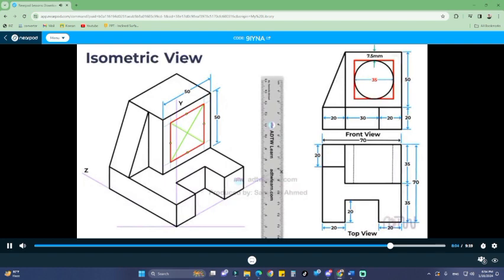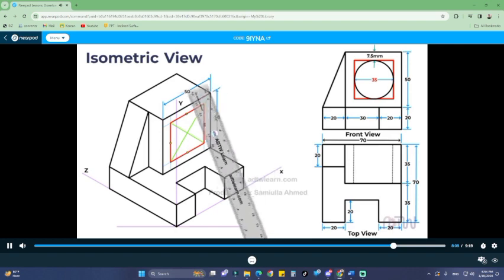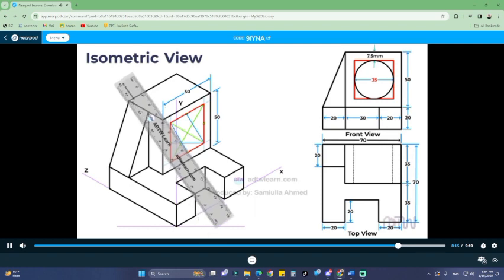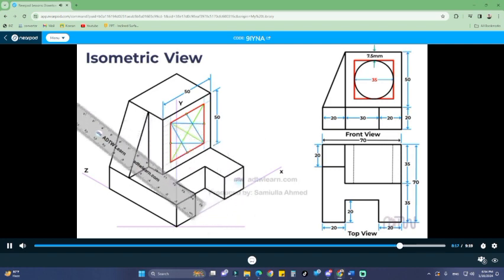Then join the endpoints of the smaller diagonal to the center points on the sides of the square. These center points will give us the length of the radius required to draw the circle.